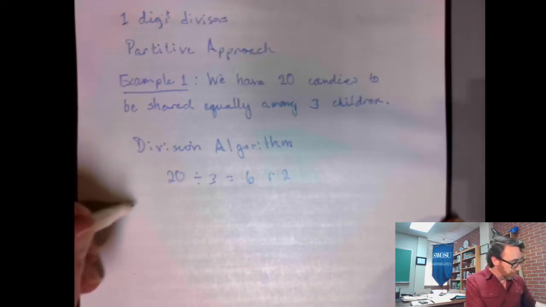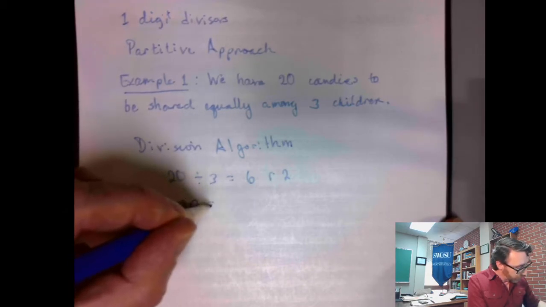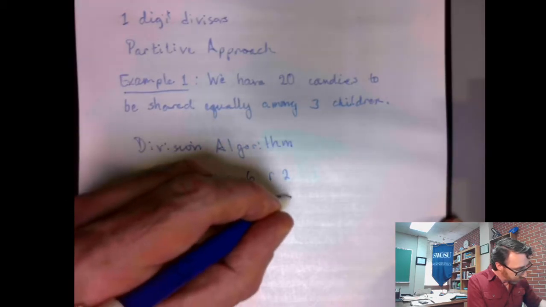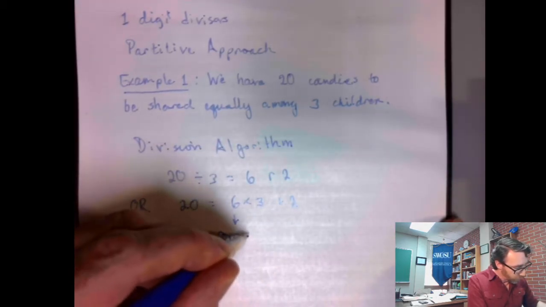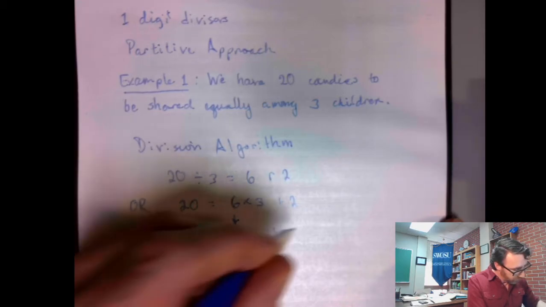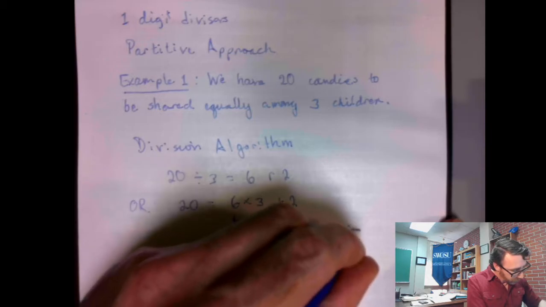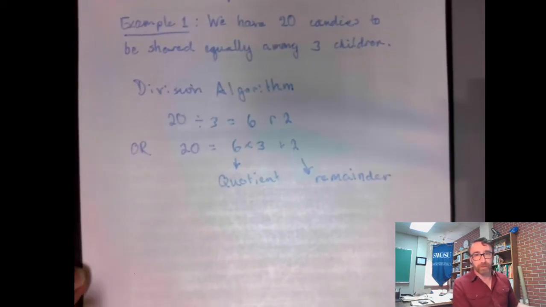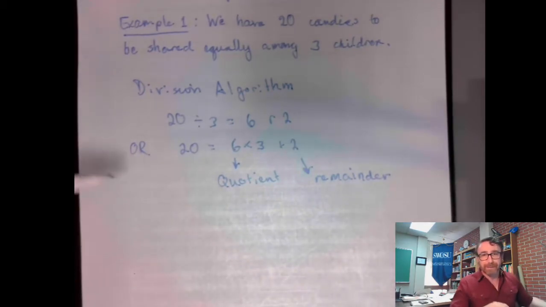Or another way to write that would be 20 equals 6 times 3 plus 2, where 6 is the quotient and 2 is the remainder.